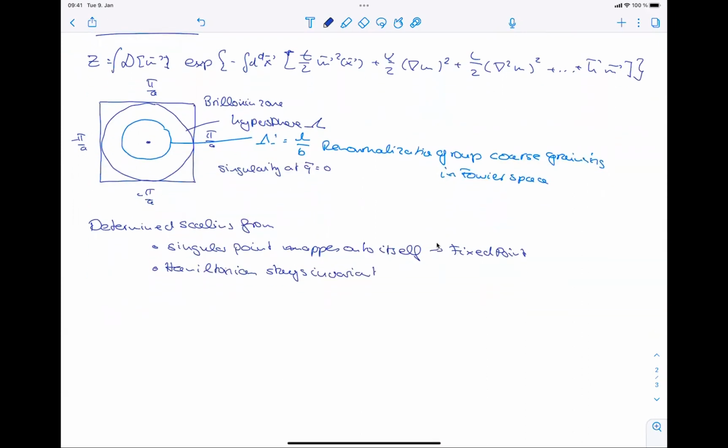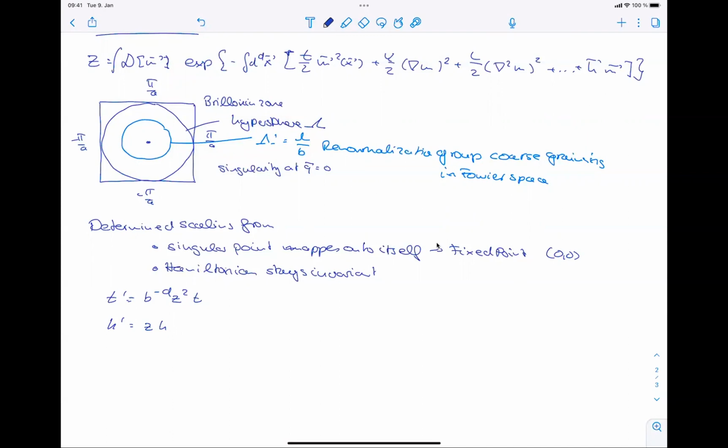And so this rescaling, what we found looked something like b to the minus d over z_t T and z_h H in the two relevant variables. And indeed, with the singularity at T equals 0 and H equals 0, it maps onto itself. So that's the fixed point.